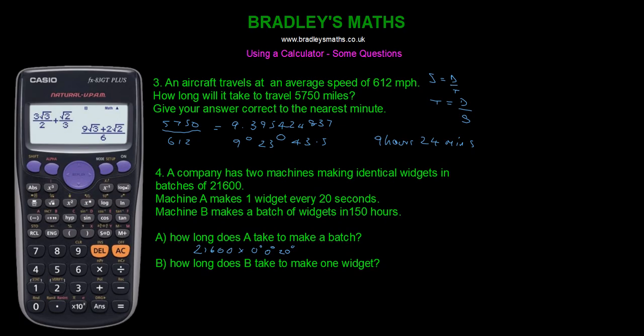Okay, and this equals, so let's show you how to put that in. It is 21,600 multiplied by 0 time for the hours, 0 time for the minutes, and 20 time for the seconds.